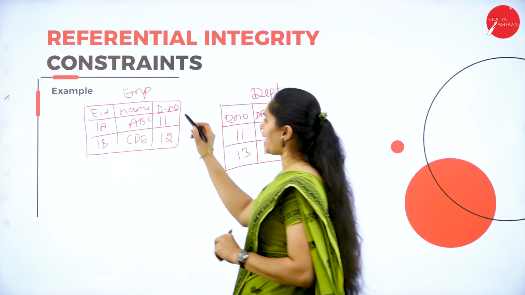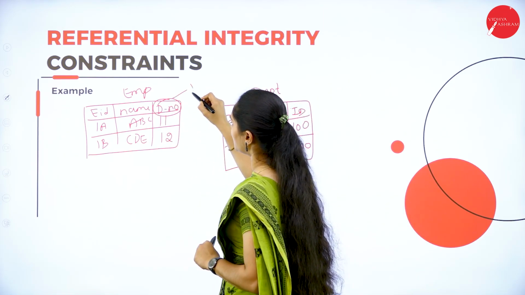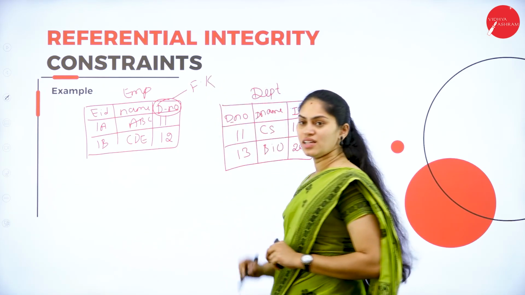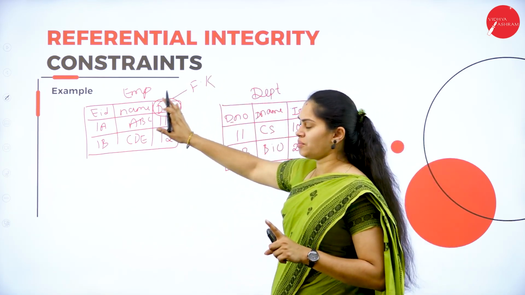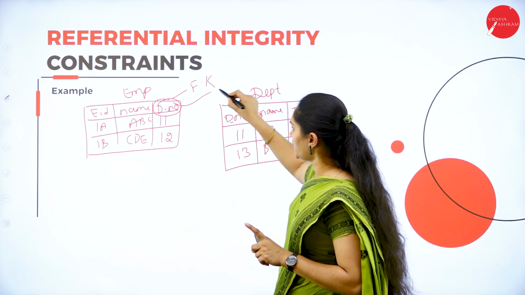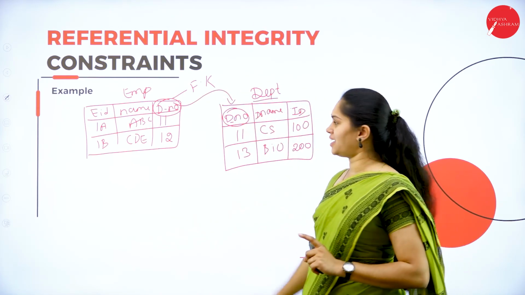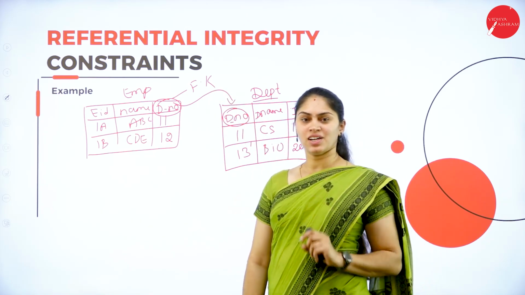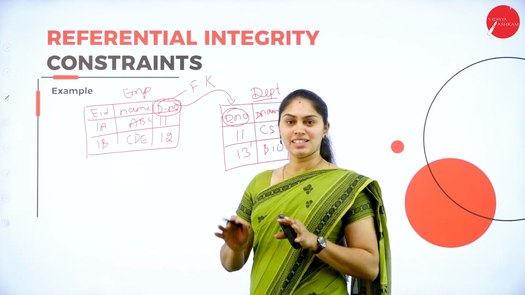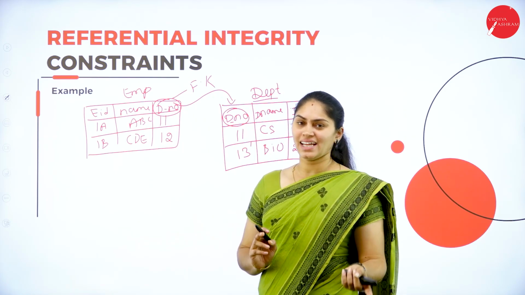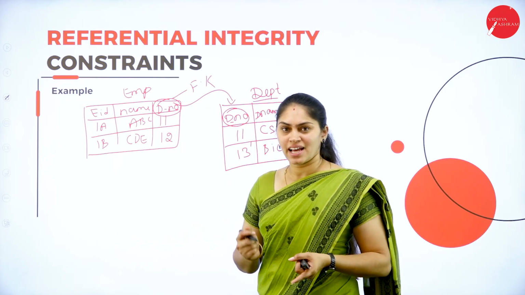So here I am going to call this a foreign key. Why? Because the attribute of one table acts as a primary key of another table, then we call that a foreign key. Whenever you are in India, you are a citizen of India. But when you go to any other country, you will be considered a foreigner.